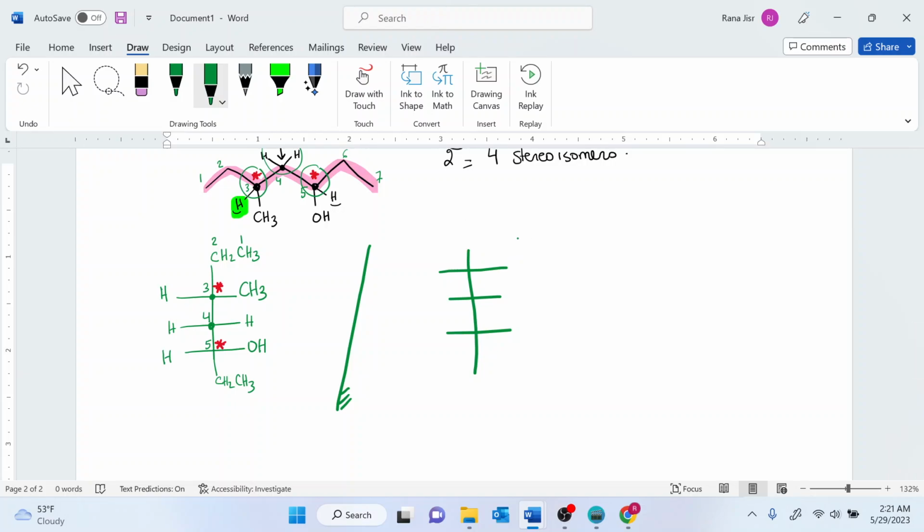You don't change it. So you have a CH2, CH3, and then a CH2 and a CH3 in there. And then you invert all the horizontal lines. So now the CH3, you're going to see its reflection on the side.